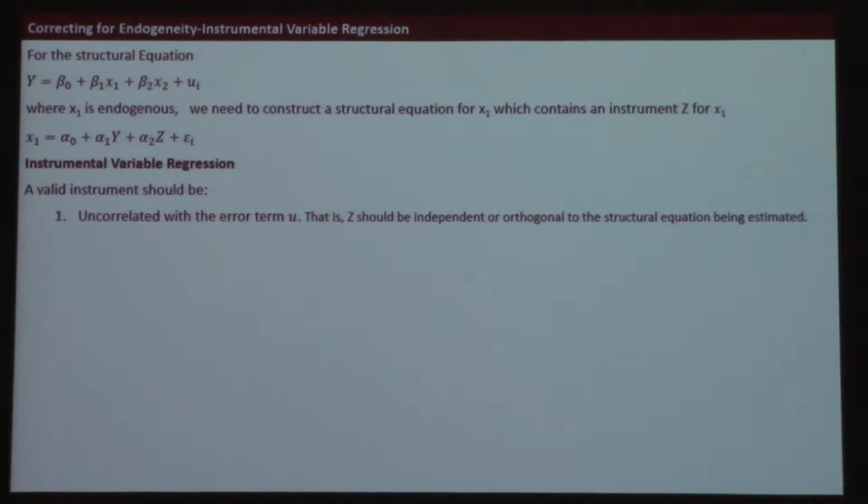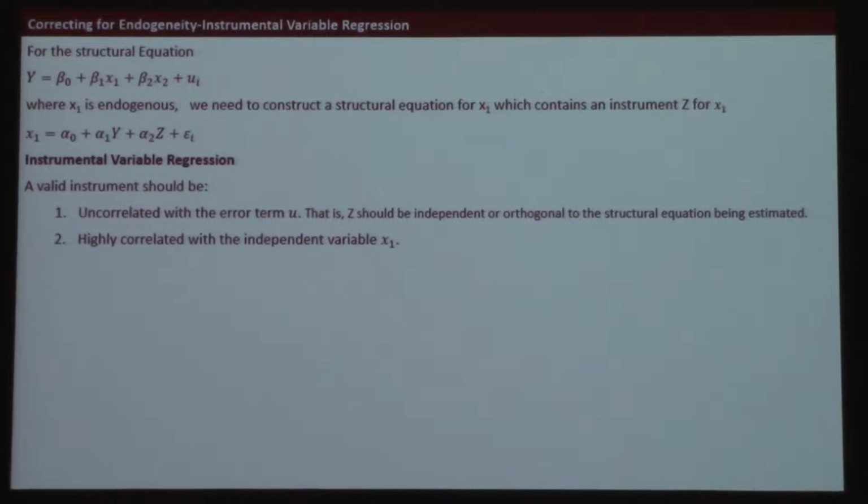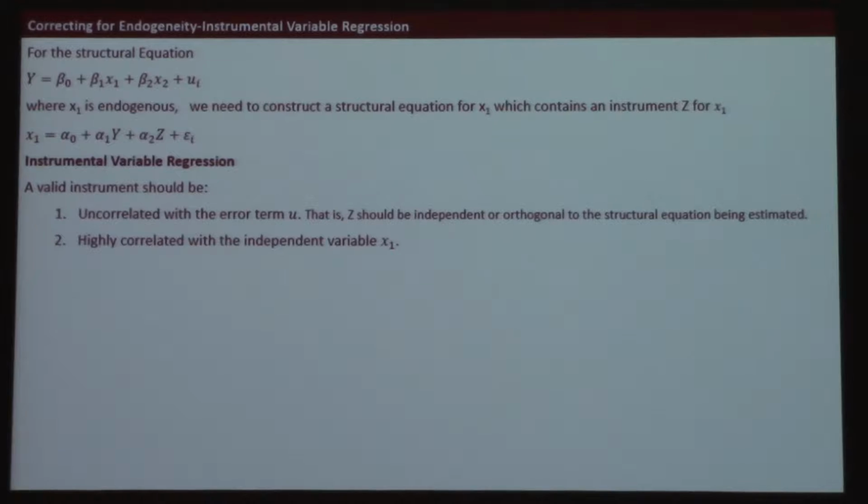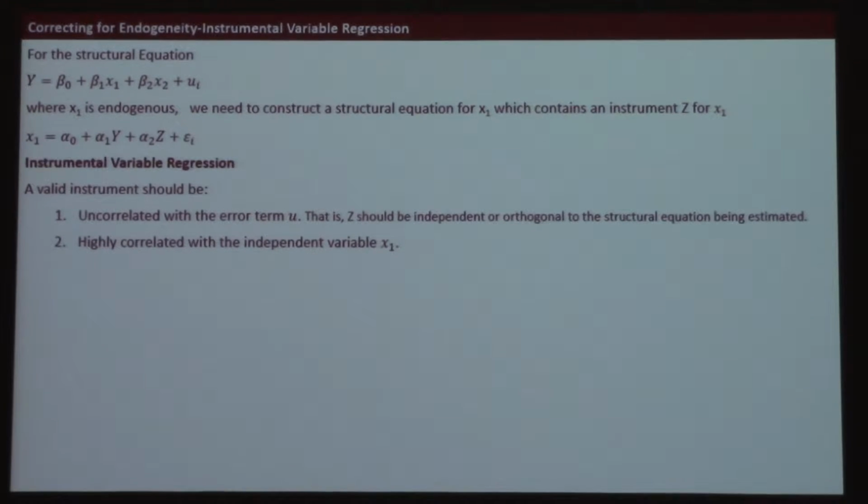This is called the orthogonality assumption. And it needs to be highly correlated with our problem variable x1, which makes sense here, right? It belongs in the supply equation, but it doesn't belong in the demand equation.